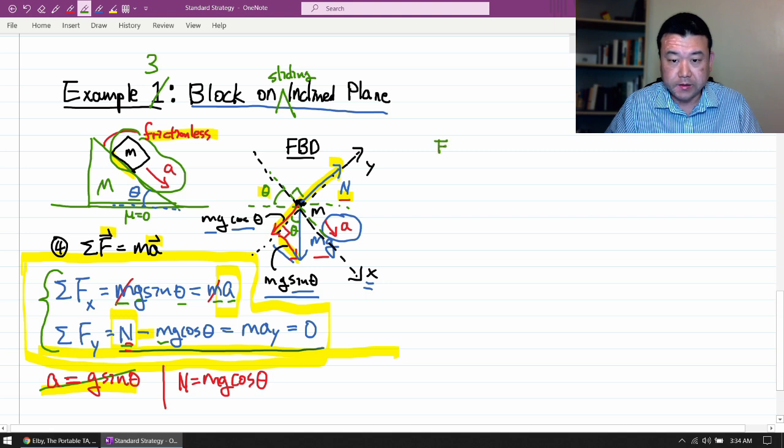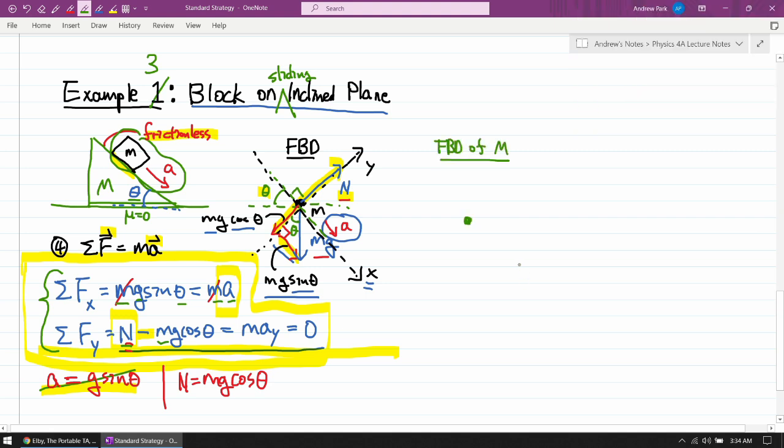So we need a free body diagram of M, capital M. There's going to be gravity on the block, like with everything else. Now it's not accelerating downward, so there must be something that's opposing this gravitational force. Oh, and that'll be the normal force from this surface down here. Let me label that N2.